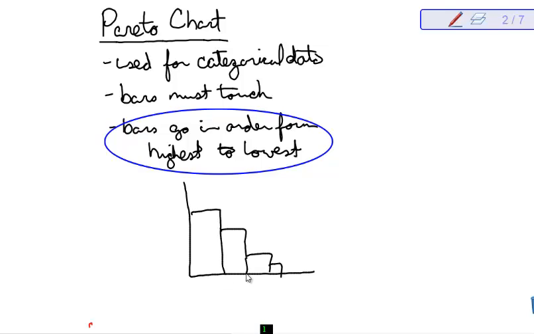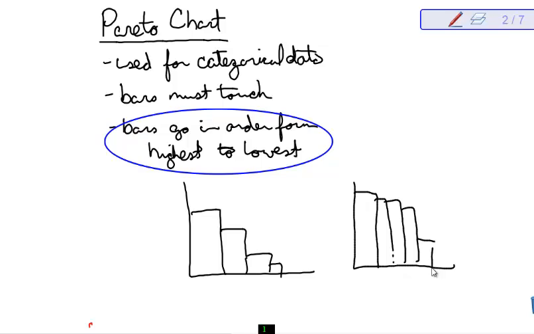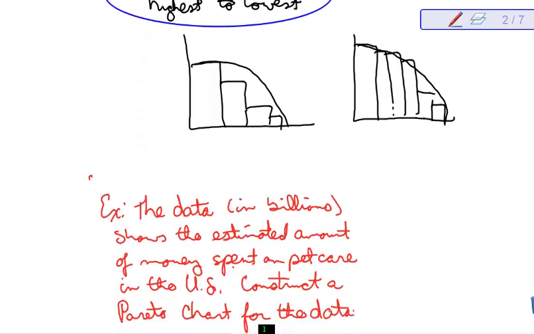And so it would look something like this, or it could be something like this, depending upon your data. But it needs to make sure that it goes down in order. So let's look at an example.